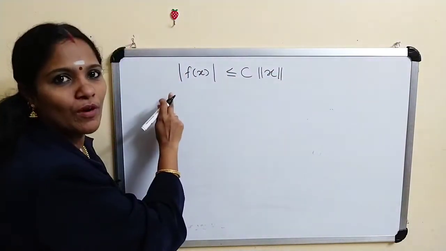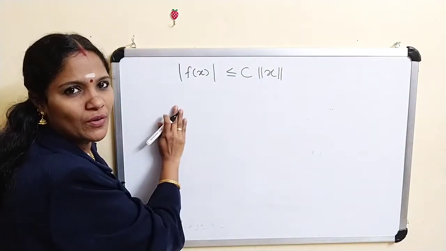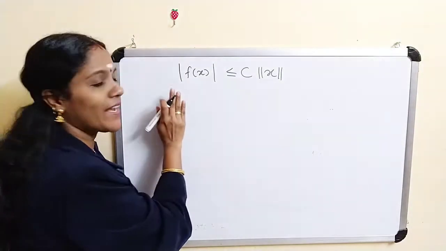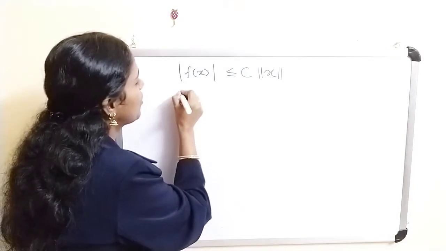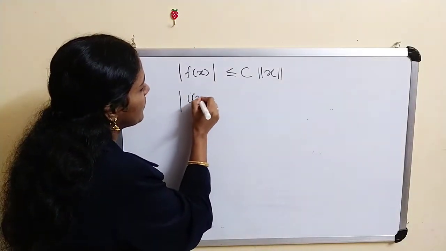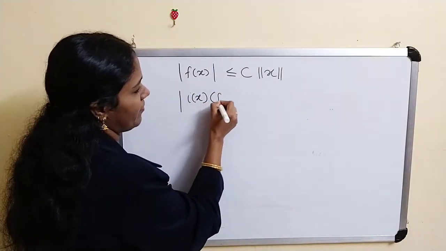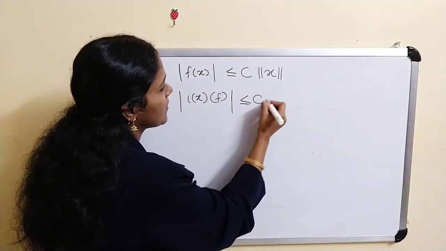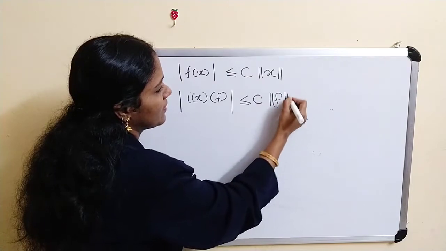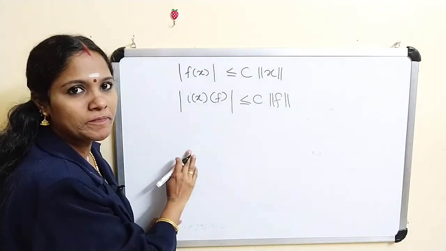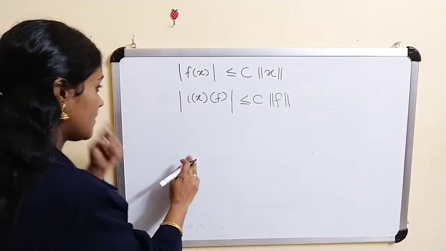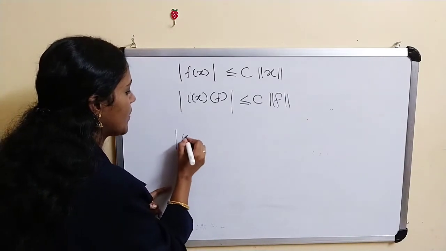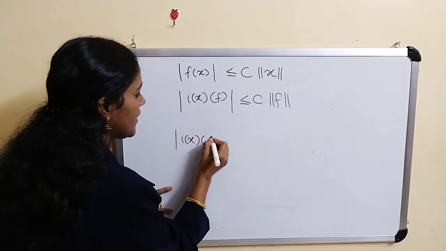For proving I of x is bounded, we have to prove mod I of x of f, this is our function, is less than or equal to some c into norm of f. This is what we have to prove. Now, what is the modulus of I of x of f?